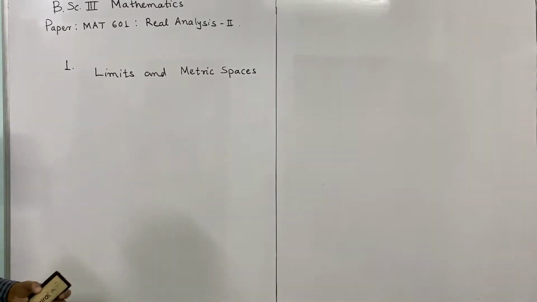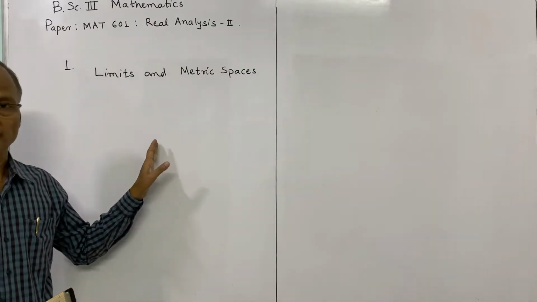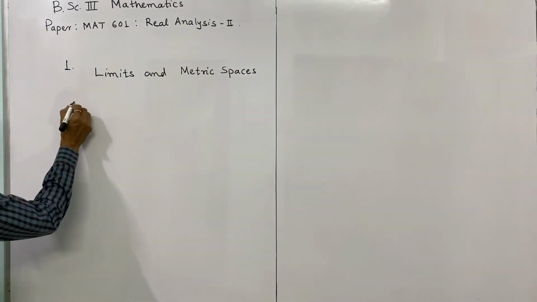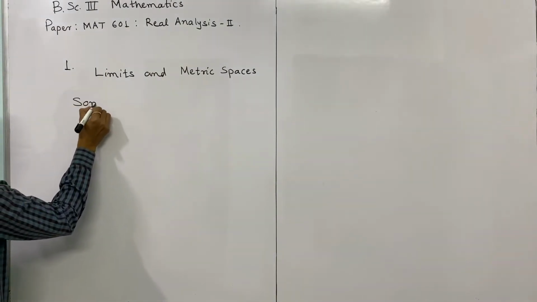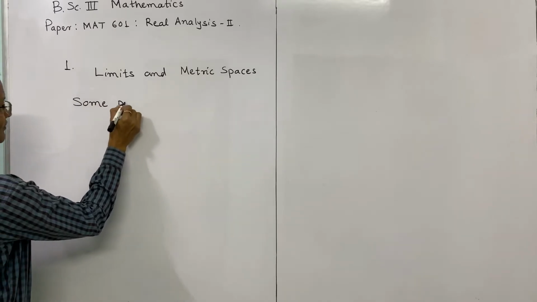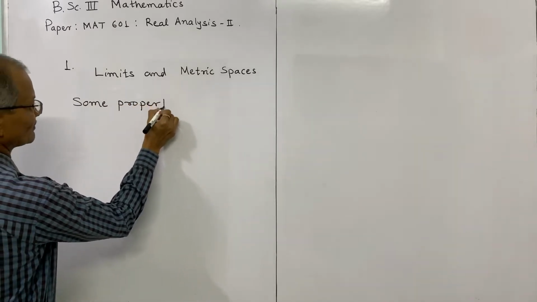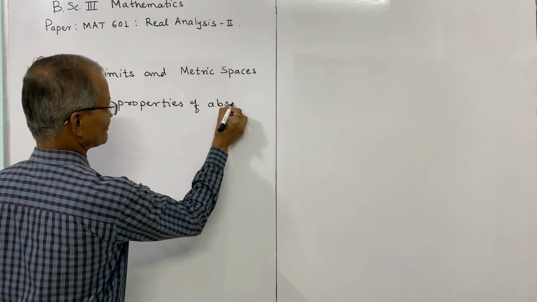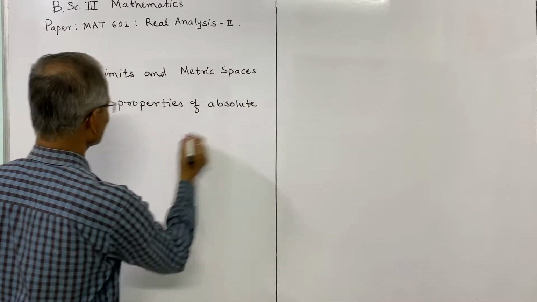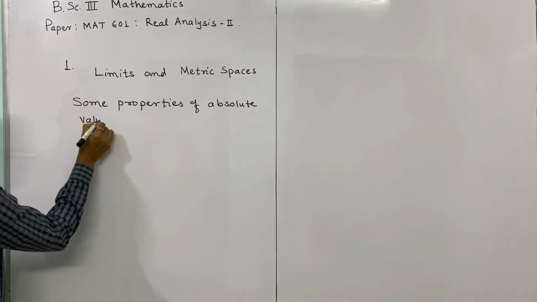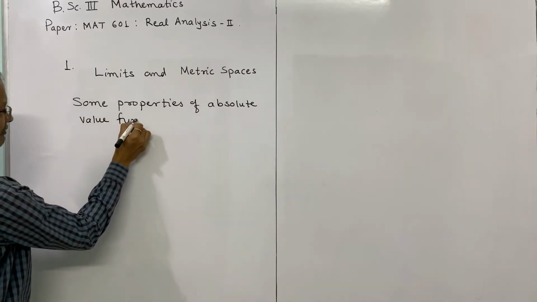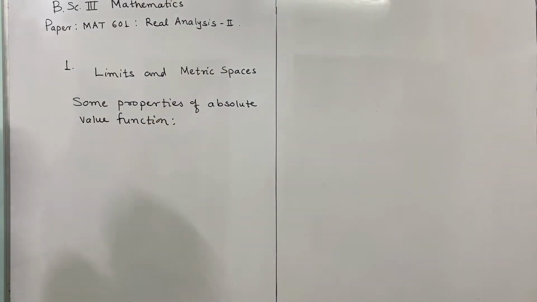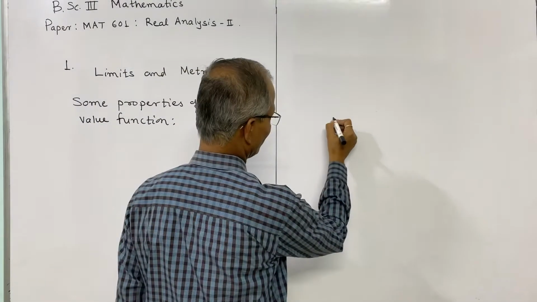Now we will first consider again the properties of the absolute value function. So some properties of the absolute value function we will revise. Absolute value function we have defined earlier.